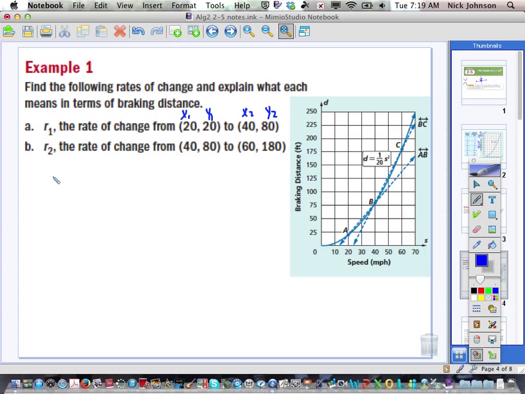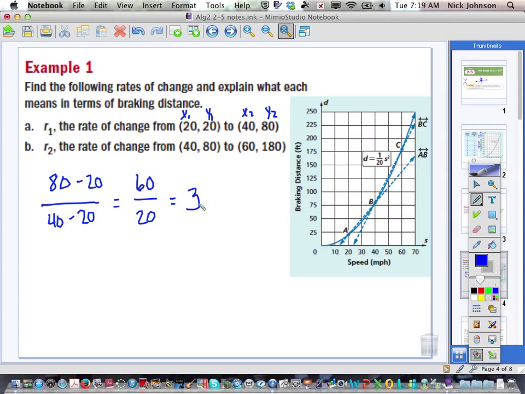So 80 minus 20 divided by 40 minus 20 is equal to 60 divided by 20, which is equal to 3.